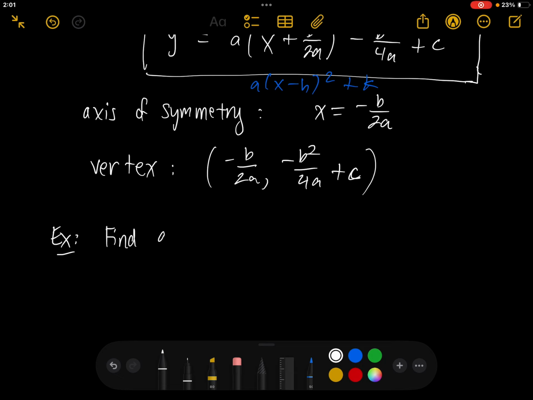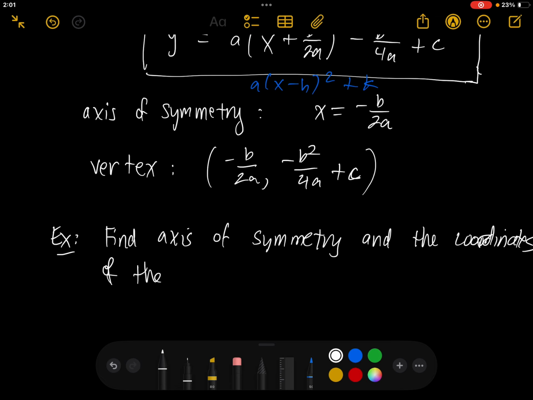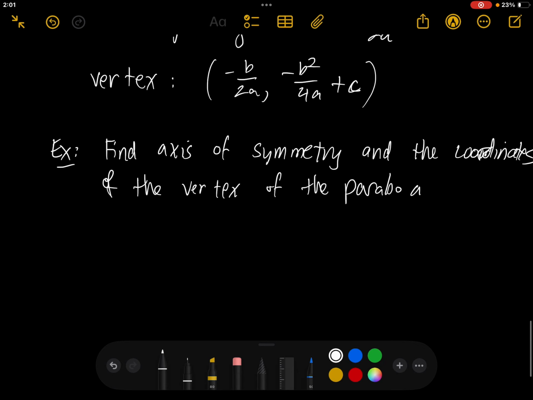Find the axis of symmetry and the coordinates of the vertex of the parabola y equals 3x squared minus 9x plus 5.